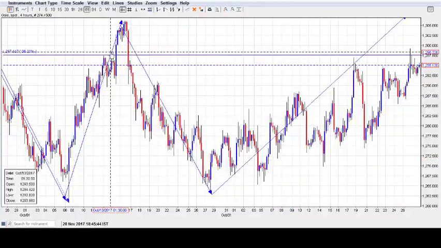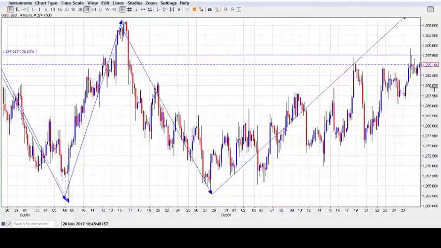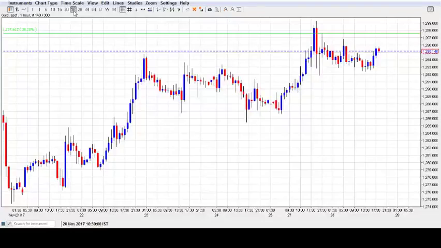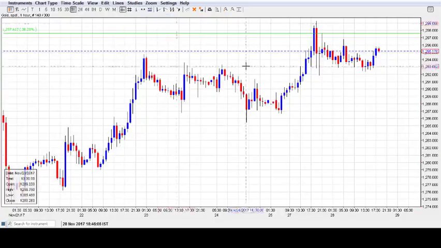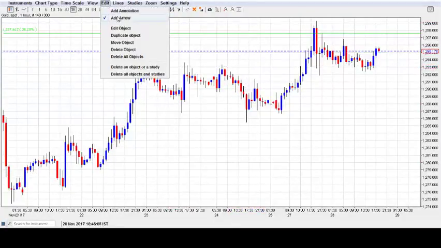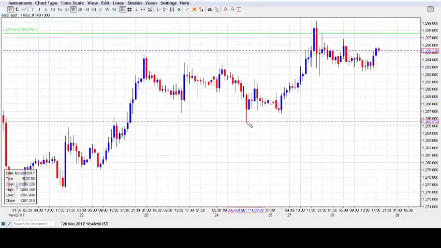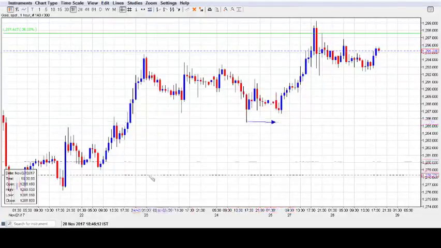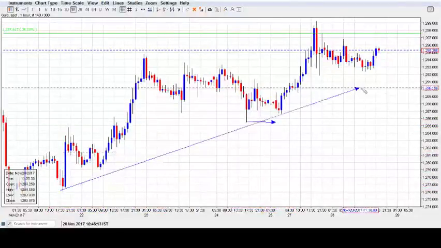All right. Now, on the other side, if we go on an hourly chart and evaluate what gold could be making, watch out for a drop below 1285 and the break below that trend line.